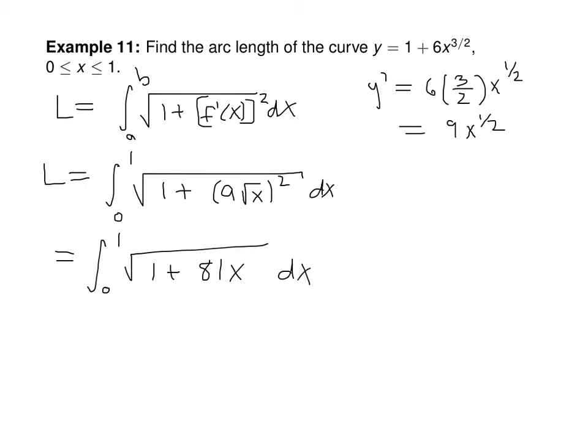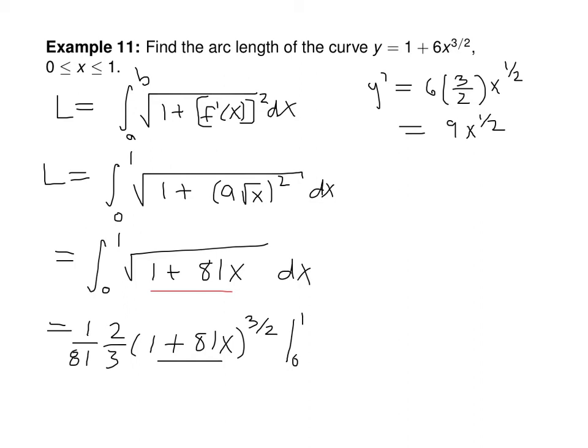If you want to, you can use a u substitution and substitute for 1 plus 81x, or you can just sort of think about it as 1 plus 81x to the 1 half. That integrates to 1 plus 81x to the 3 halves times 2/3, and to compensate for the 81x, multiply by 1/81st.